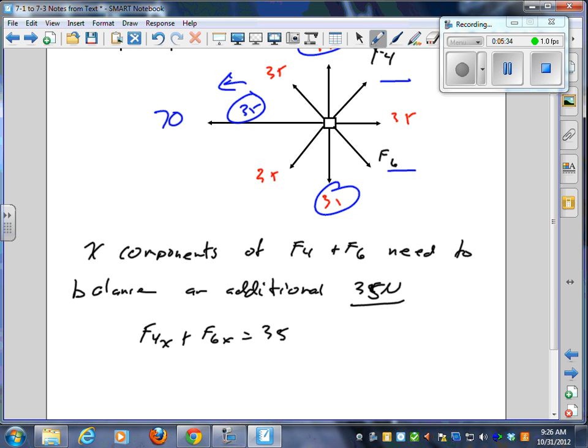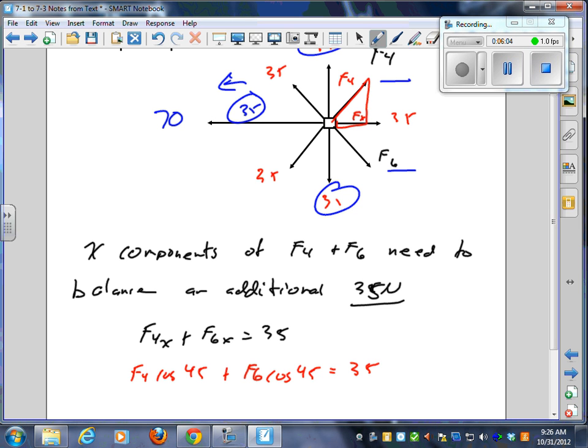Now, if I just go into this triangle right here, and if that's F4, that's my component down there. It's adjacent, so this is going to be F4 cos. Now, do we know it's 45 degrees? Yeah. Does it say anywhere in there? It equals 45. Okay. So F4 cos 45 plus F6 cos 45 have to be equal to 35.